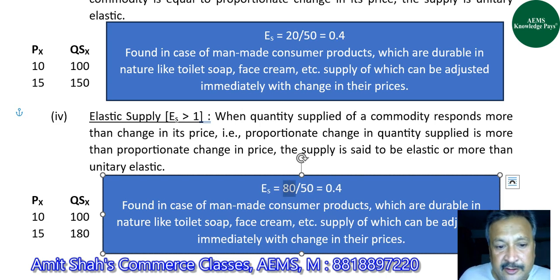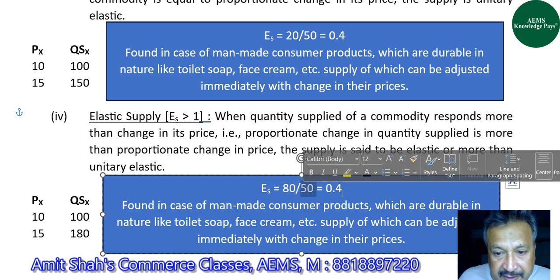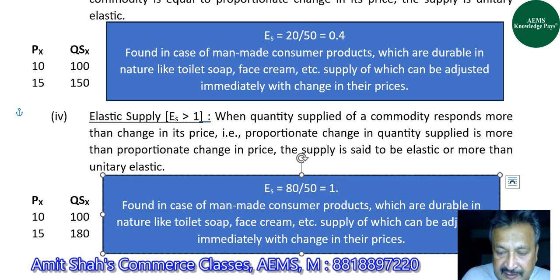So percentage change in quantity supplied here is 80%, whereas percentage change in price is 50%. So it is 1.6. ES is 1.6.